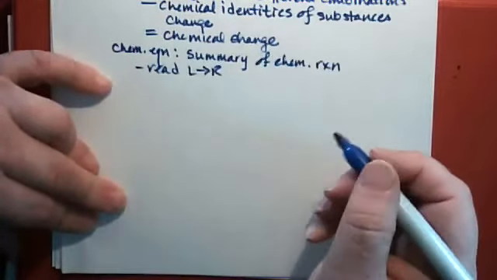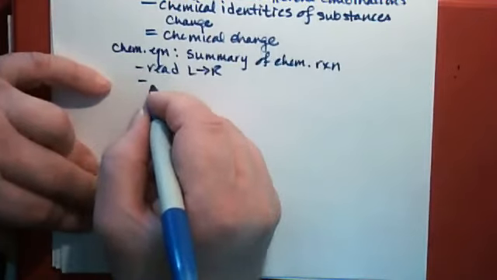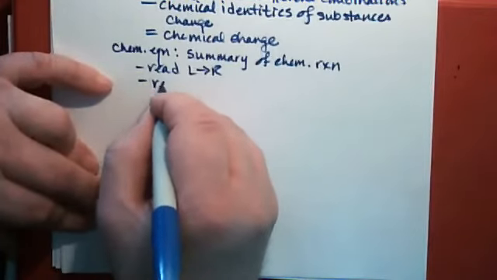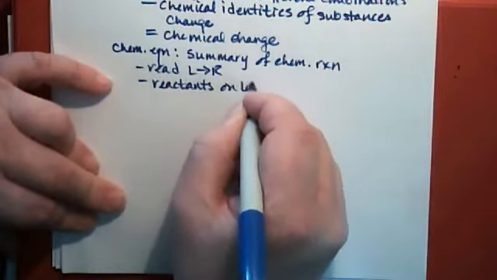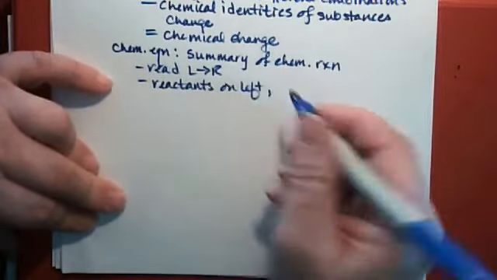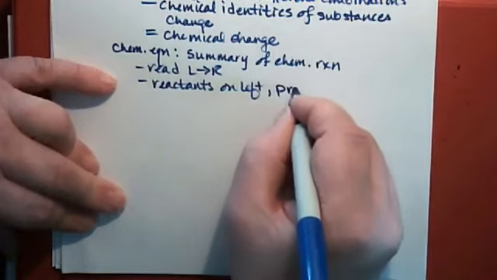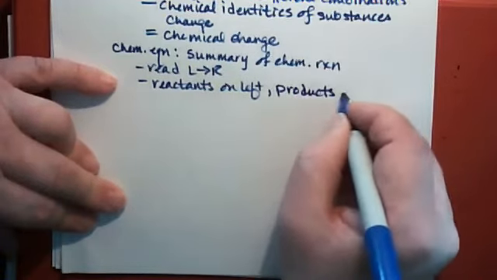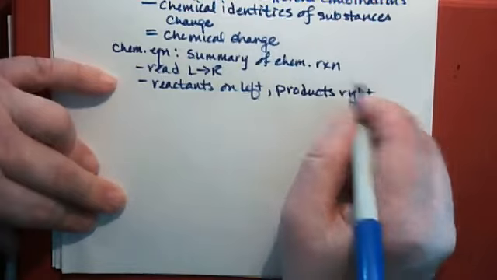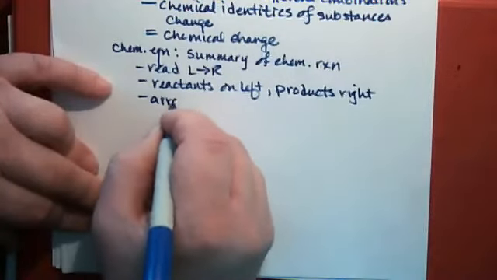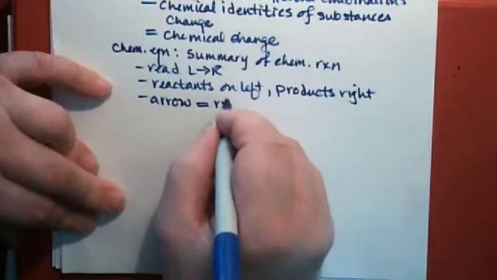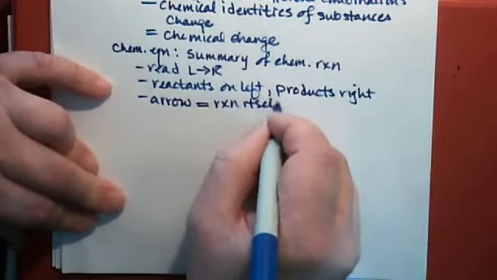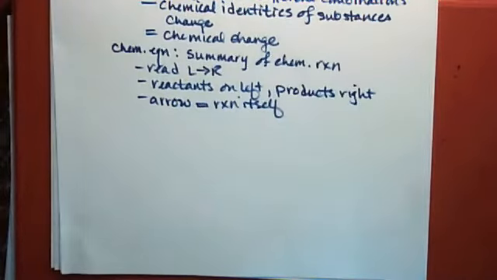And you read the equation left to right. The reactants are on the left and the products are on the right. And the arrow represents the transformation, which is the reaction itself.